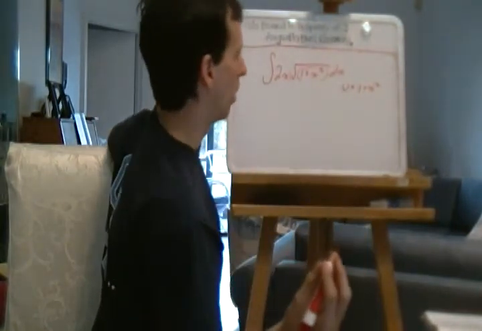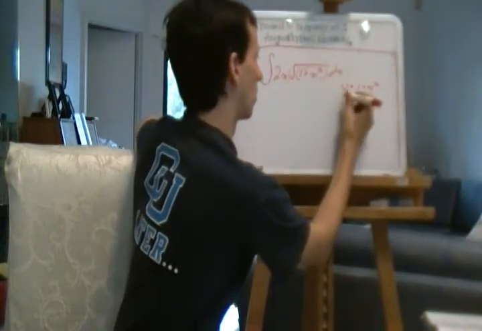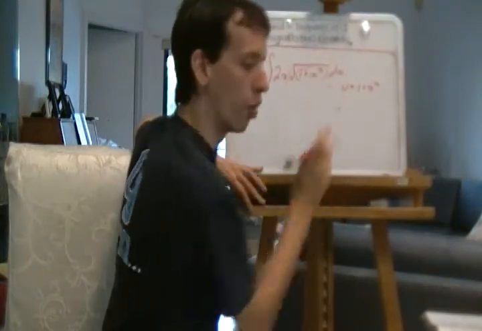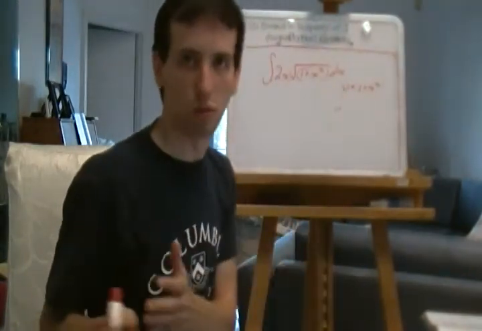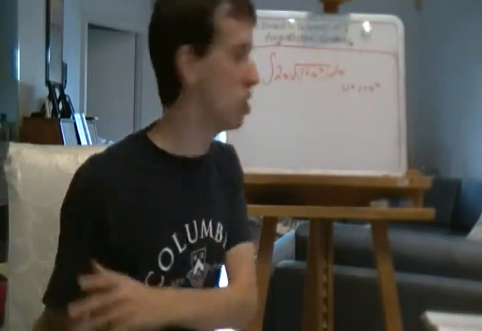That's all well and good, but we also have a dx to contend with. We want to go from dx to du, because remember, the substitution is f of u du.